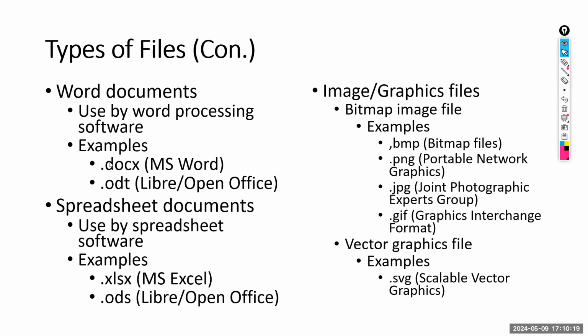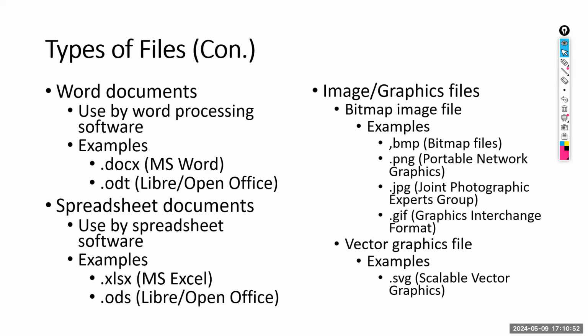But if it is something like LibreOffice or OpenOffice Writer, it is ODT. Similarly, for Microsoft Office the spreadsheet is saved as XLS or XLSX. But if it is OpenOffice or LibreOffice, it is ODS, Open Document Spreadsheet. ODT is Open Document Text for Word documents.